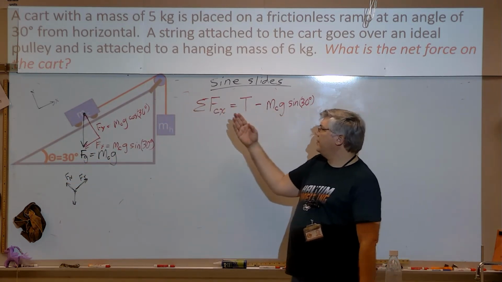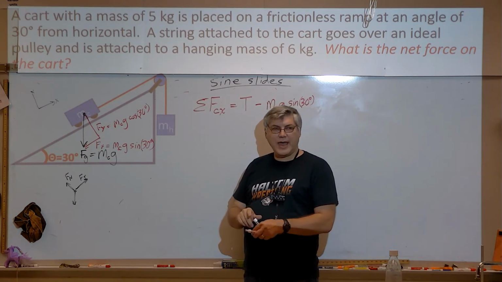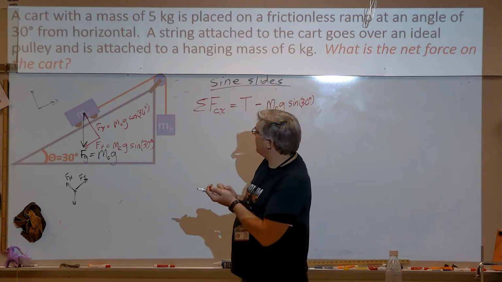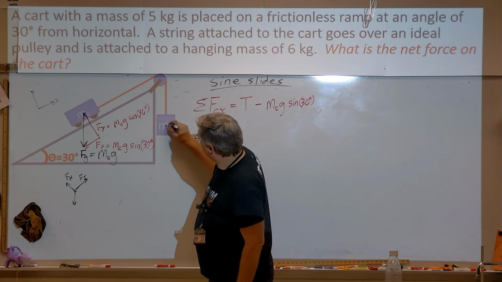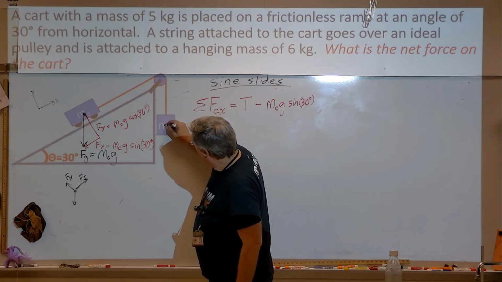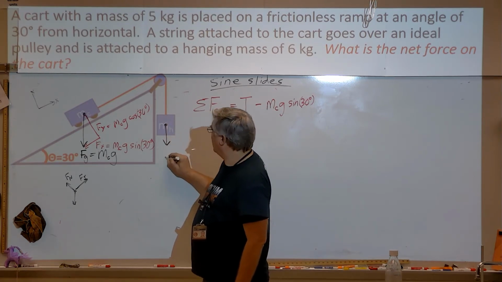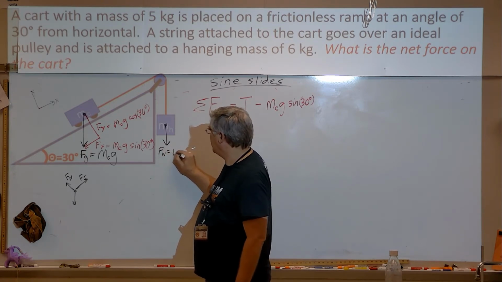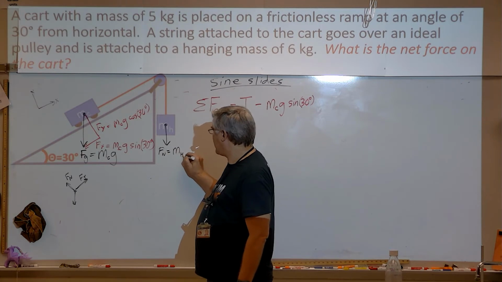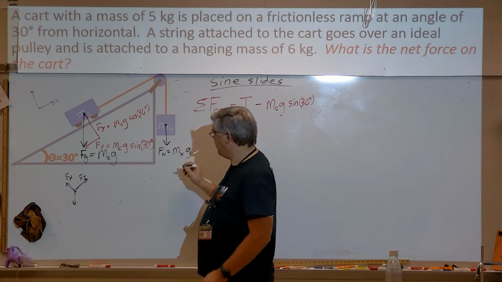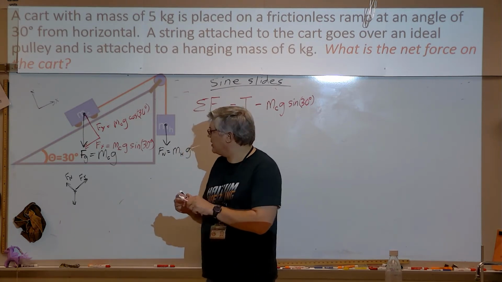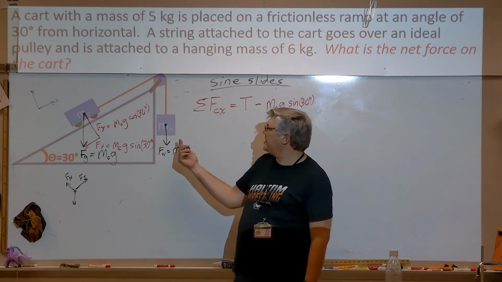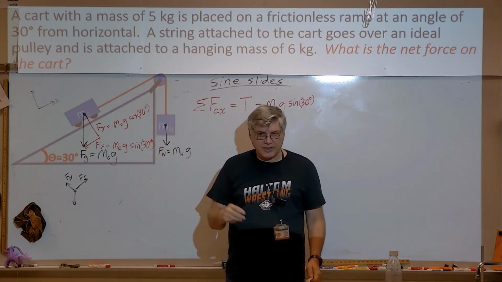So now, let's take a look at the hanging mass. I have the force of weight here, Fw, which is equal to the mass of the hanging mass, m sub h times g. And then I have tension. And tension on this one is pointed up, isn't it?